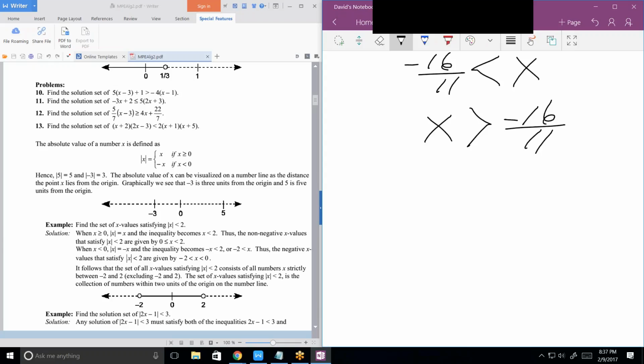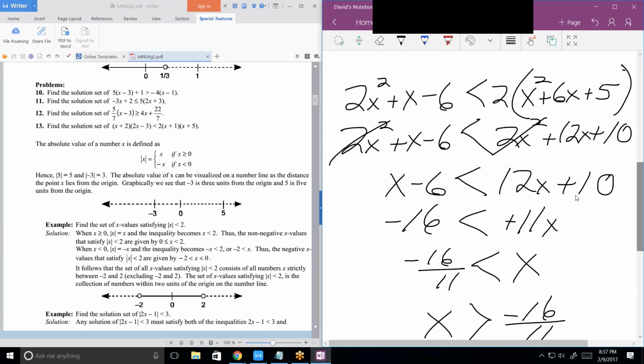But I actually really favor putting the x on the left side immediately when you're doing inequalities. It's easier to think about when x is on the left side. When it's an equation, it really doesn't matter.